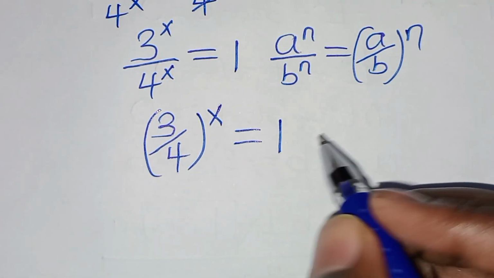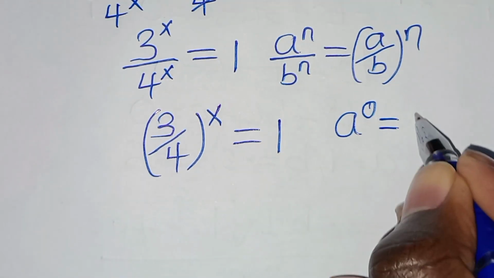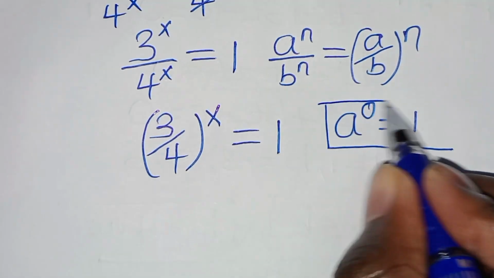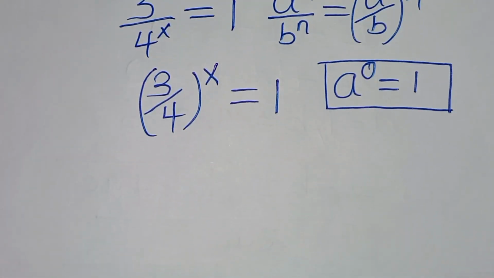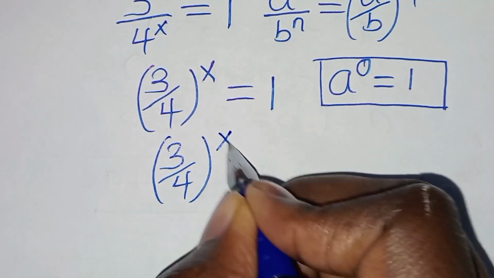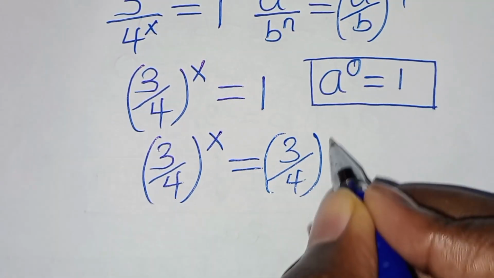We can express 1 as a to the power 0, which is the same thing as 1. Applying this exponent property, this implies that 3 over 4 raised to the power x is equal to 3 over 4 raised to the power 0.